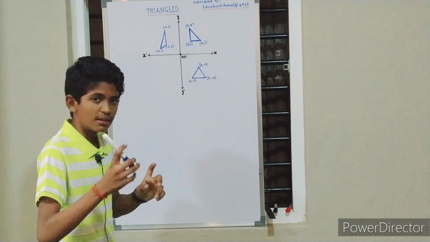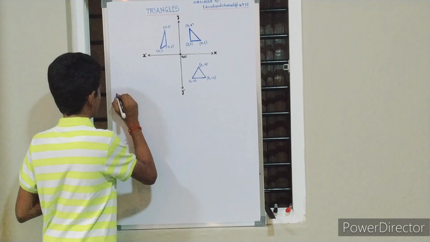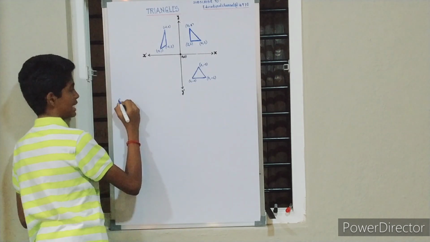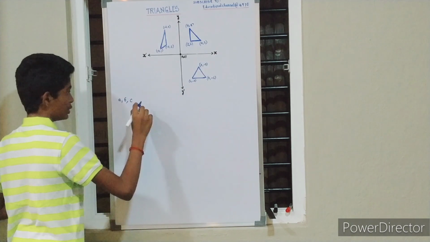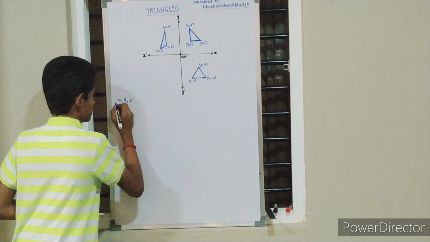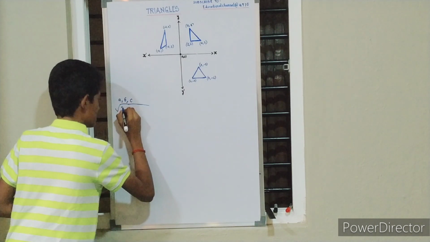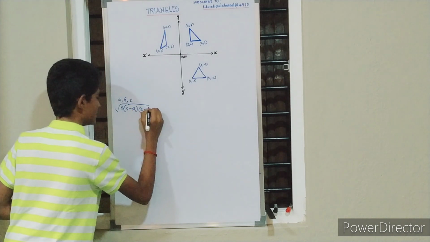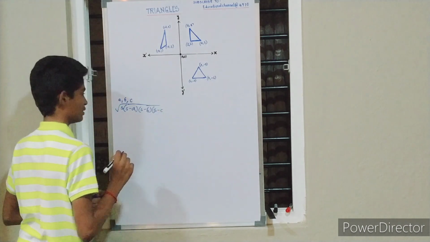So first, we have read about this formula, right? If you have three sides, A, B and C, and you are asked to find the area of the triangle, then your formula will be the square root of S into S minus A into S minus B into S minus C, right?